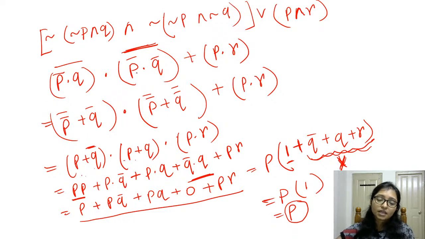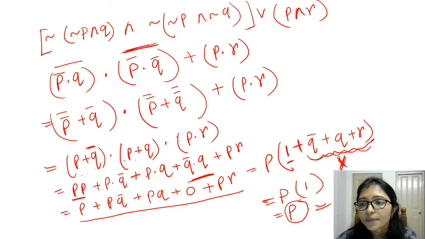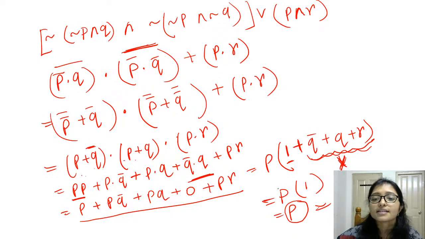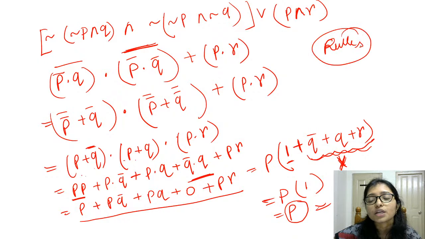P Q bar double bar, then P double bar, then PP, P Q bar, then P Q, then Q Q bar, then P plus P Q bar plus P Q, 0, PR, then 1. Yes, P is the answer. Got it? This is another way of solving, digital logic simplification using rules, whatever rules you know.